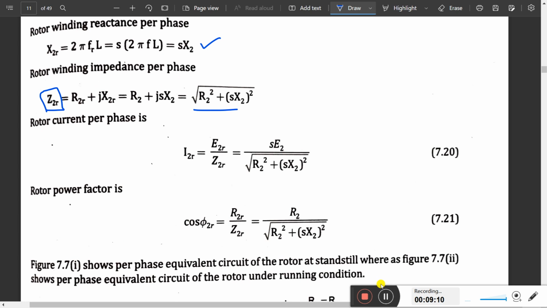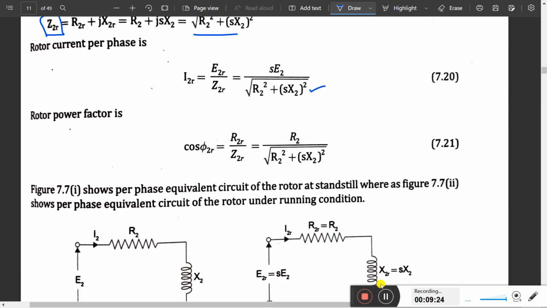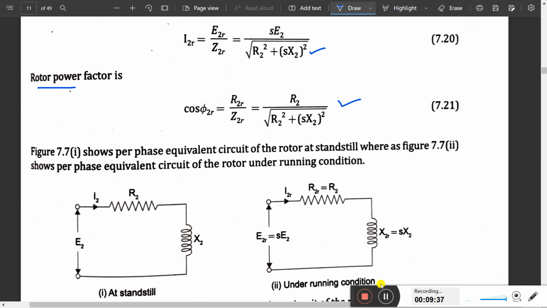The current per phase I2r is equal to E2r by Z2r, that is S E2 by the square root of R2 squared plus (S X2) whole squared. The power factor is equal to R2 by Z2r, that is R2 by the square root of R2 squared plus (S X2) whole squared, from the impedance triangle.